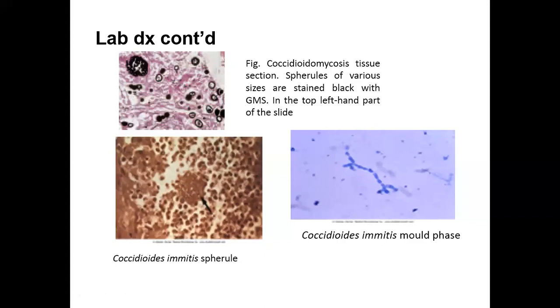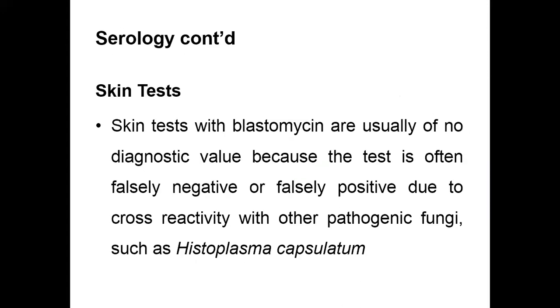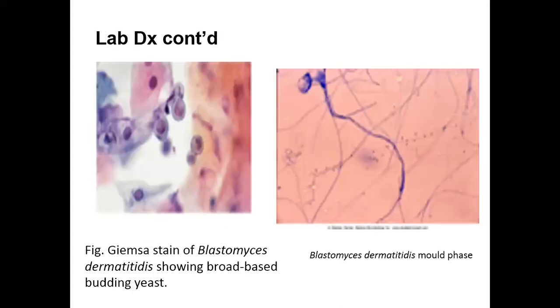Now, comparatively, if we look at the dermatitis form, it is much more different, right? How much difference is there? If you just observe it, you can see the hyphae over here in the mold form are much longer, just like a hair structure, much longer and very well established.